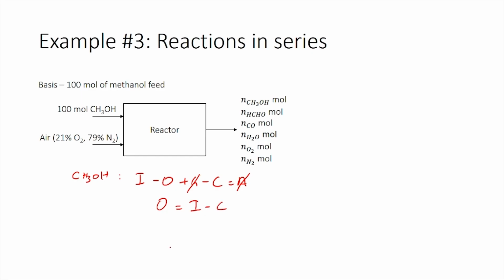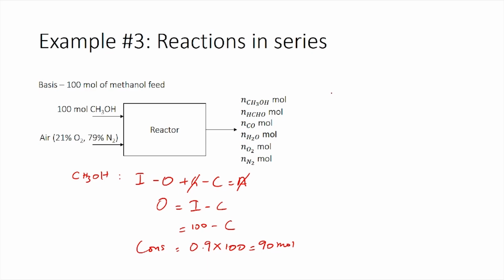Based on the basis we used, we know that the input of methanol is 100 moles. We need to now know the consumption of methanol. We have been told that the conversion of methanol is 90%. So using that, the consumption can be calculated as 0.9, which is the conversion, times 100, giving you the total consumption as 90 moles.